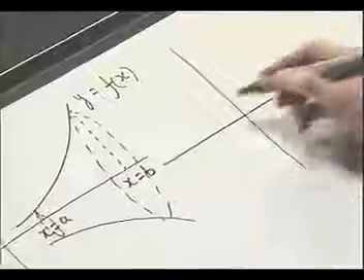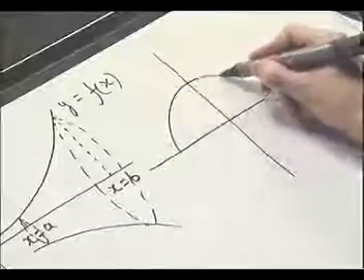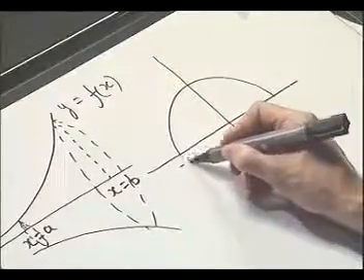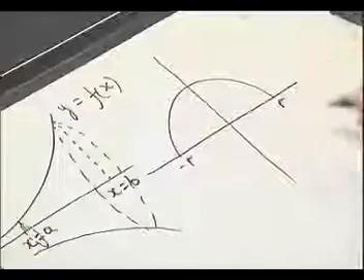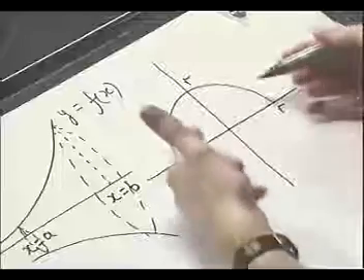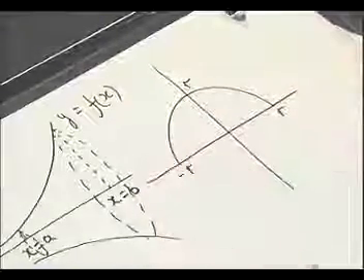Now, given an appropriate curve, let's say it was a semicircle. Let me just draw that curve. Supposing we had a semicircle like that of radius r, so it would cross the x-axis at minus r and r, and the y-axis at r. Now, if we rotated that, we'd get a sphere.